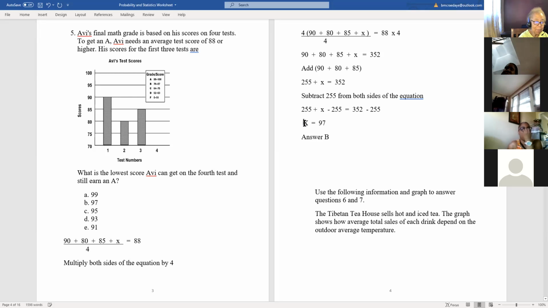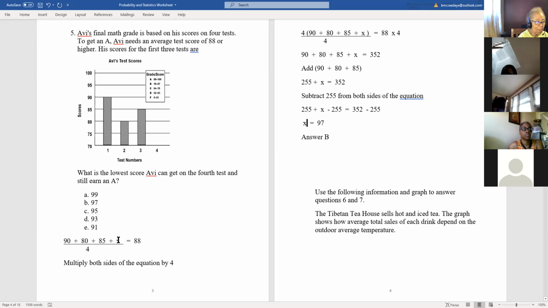Okay, let's put our small x here. So you had to read your scores off the graph, those three scores, 90, 80, 85. But you want an average score of 88 with 4 tests. So the unknown test is X, and now it's divided by 4 because now you have 4 scores. That average needs to be 88.